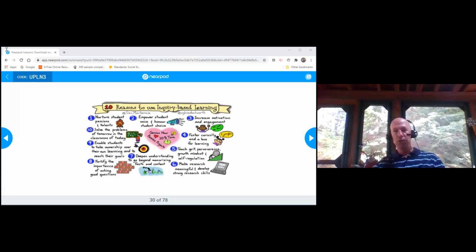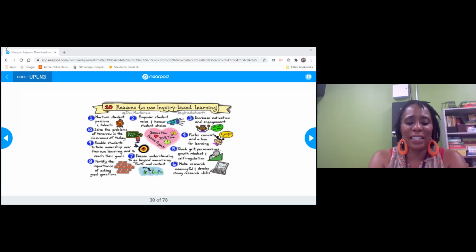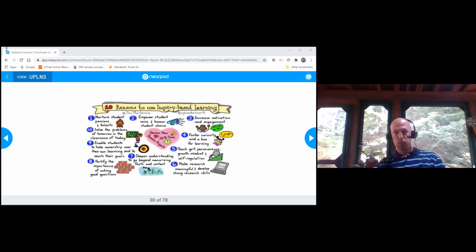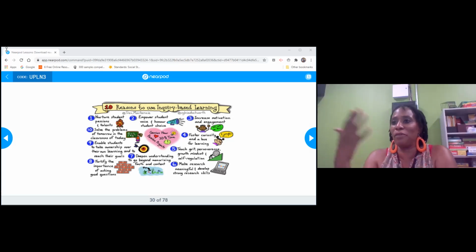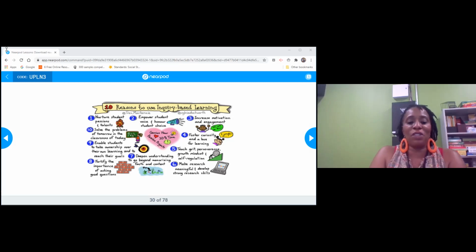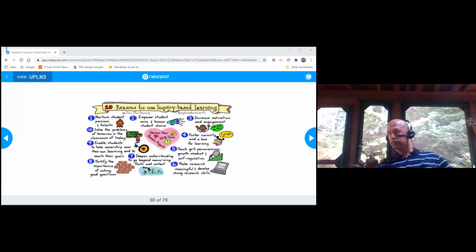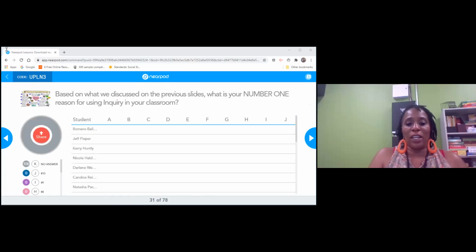Things like that. I would add that in as well. Well, I like any of these that talk about creating the perfect citizen, and the engagement, motivation, wanting to learn, having grit and perseverance. All these take them to the next phase of life. So these are the reasons why we should incorporate inquiry.